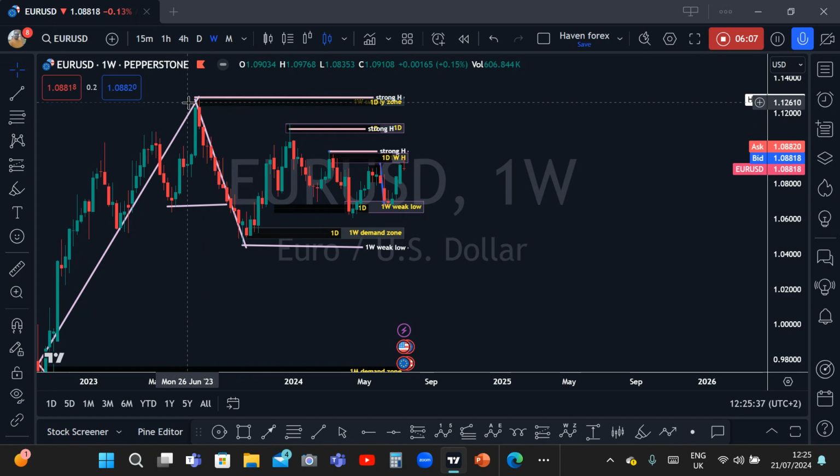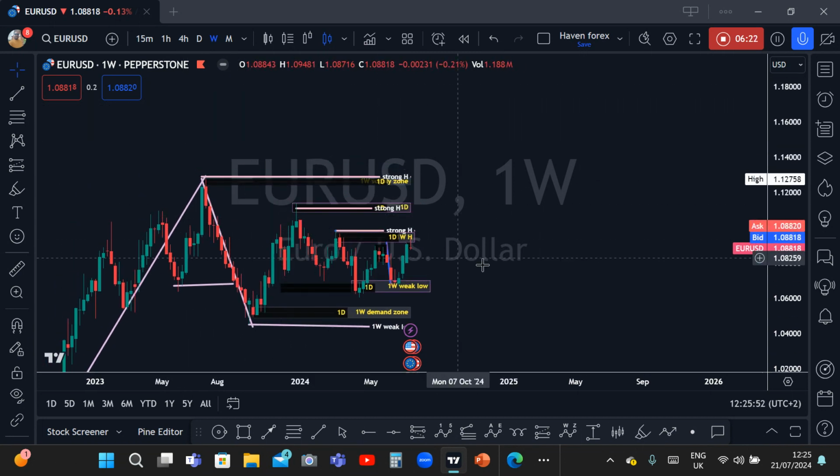What now happened? It broke lower low, then lower high, right? Why is it lower high? Because it failed to take out this high. If it takes out this high, that means the underlying trend will still continue.